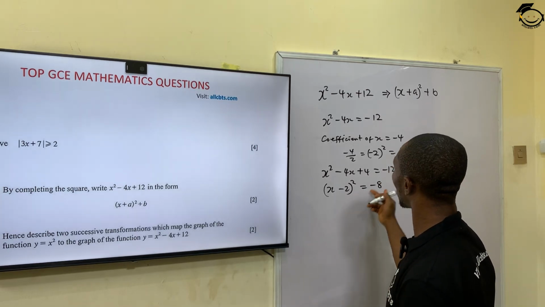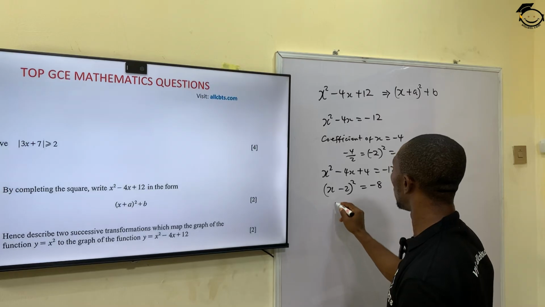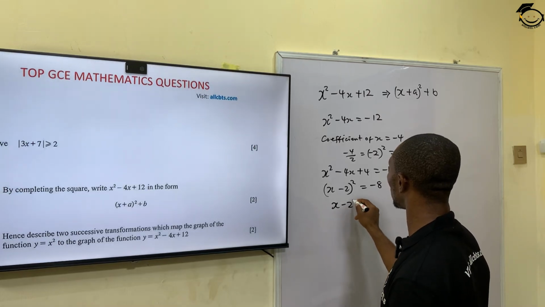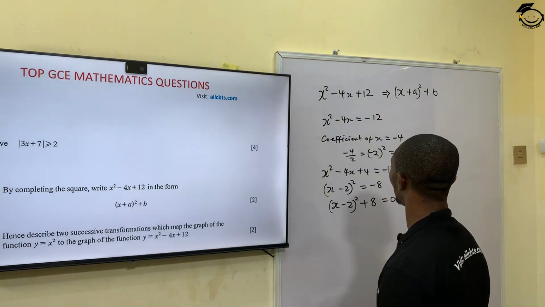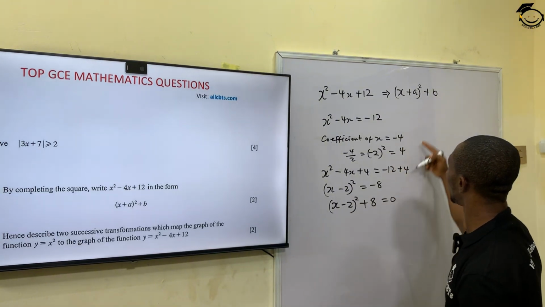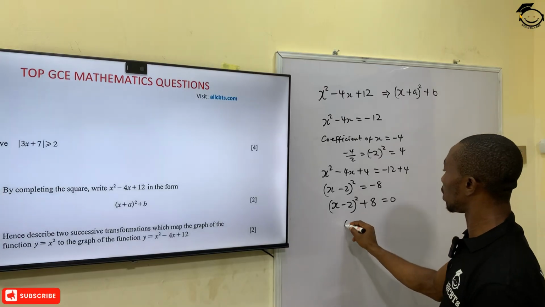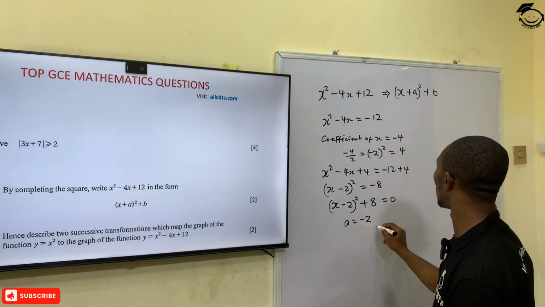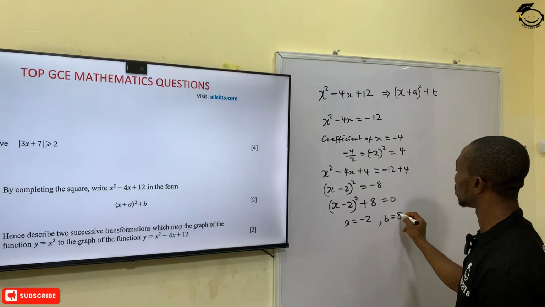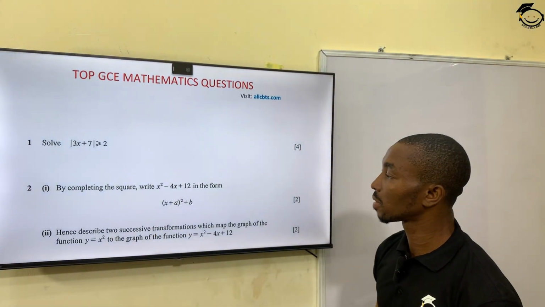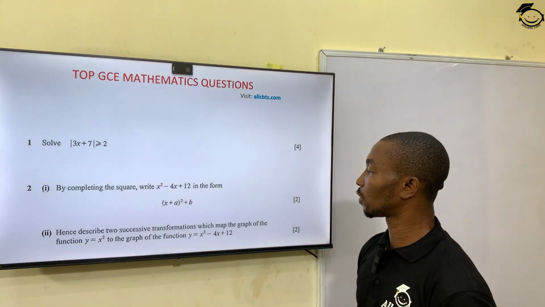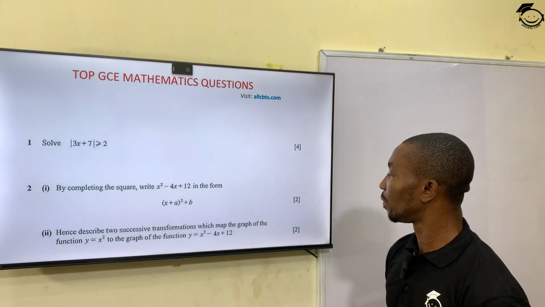Now returning this back to equate this equation to 0, we would have it as x minus 2 all squared plus 8 equals 0. Now in this situation, we've written it as this, where our a equals minus 2 and b equals 8.